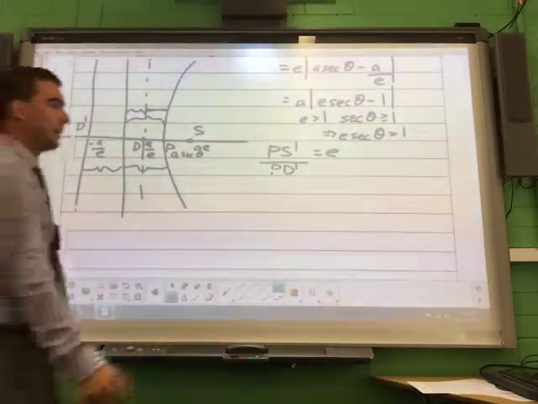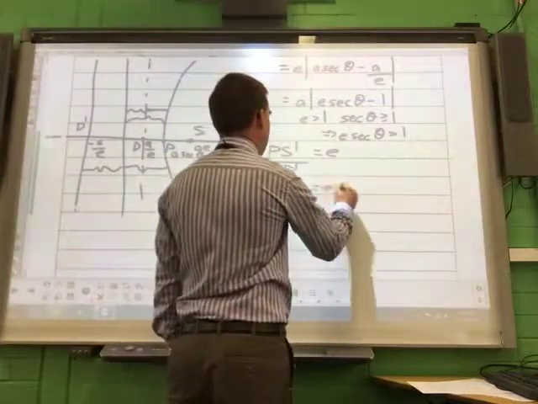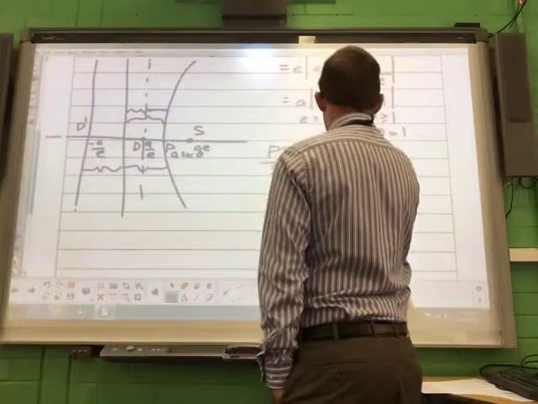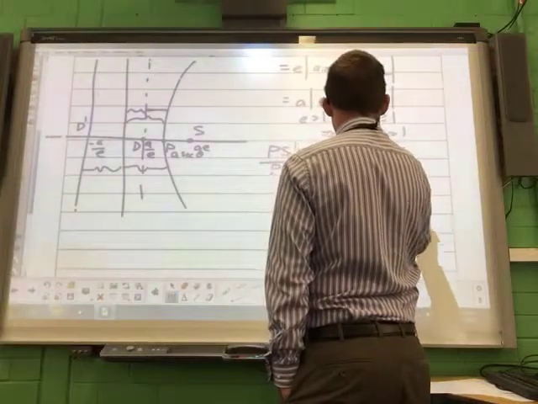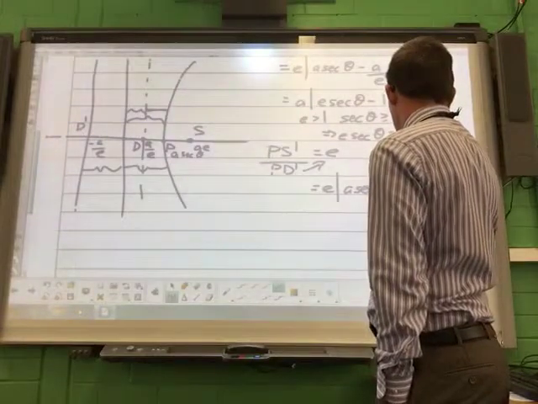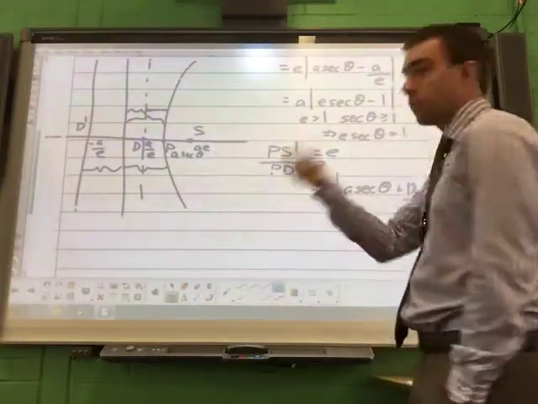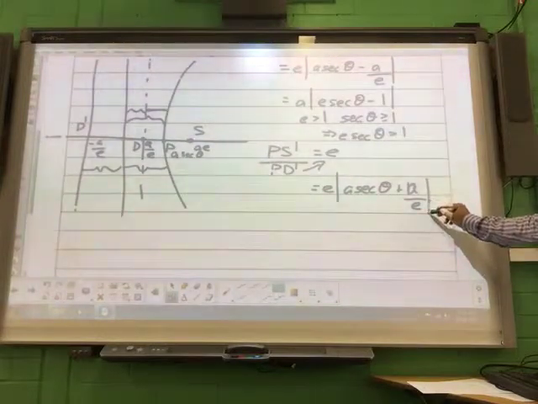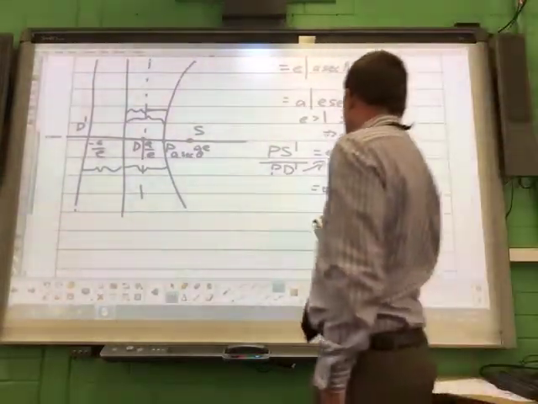So equals E, we'll bring that up and across, and the absolute value of A sec theta plus A over E, considering your absolute distance from your origin. Then we're going to write it like this.